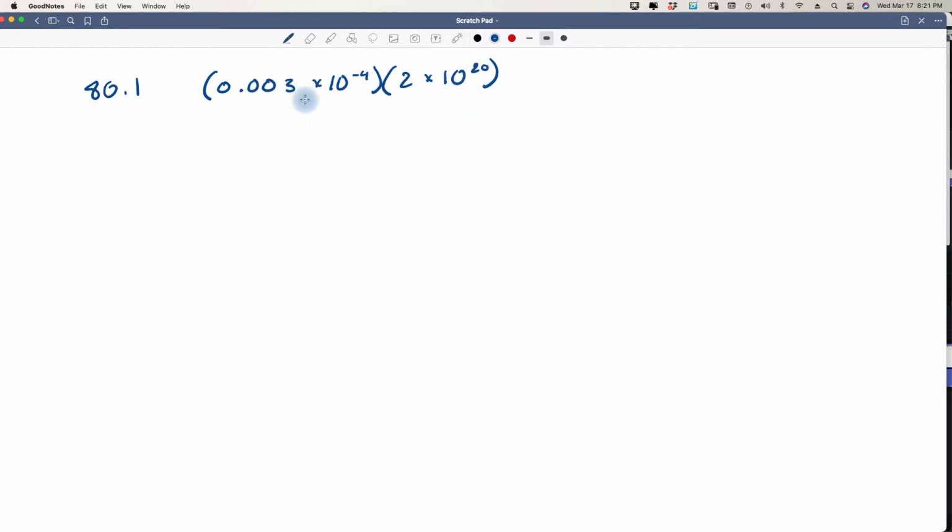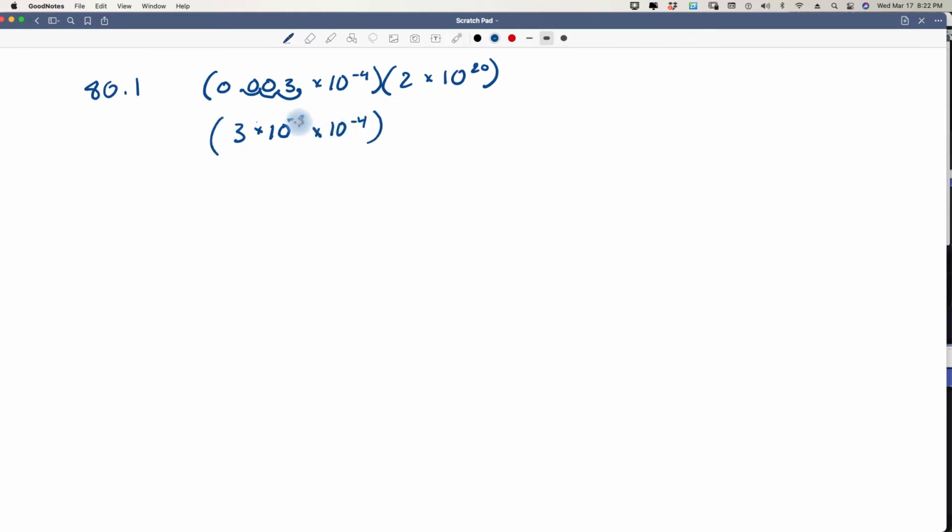All right, so this first one isn't all the way in scientific notation, so we need to clean it up a little bit. We need to get it to where we can actually multiply it. So we want this to look like a 3 here. So we have 3, and we know that's going to be times 10 times something. So we need to move this decimal place. 1, 2, 3 spaces. So we're moving it backwards. So it'll be -3. And we'll bring down this -4 right here that we already had.